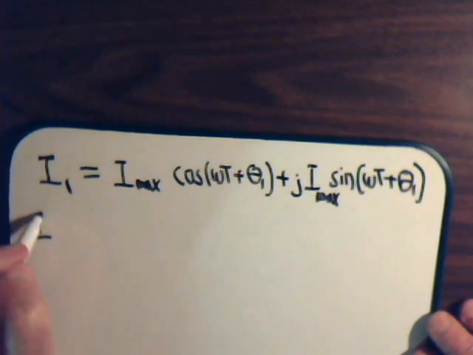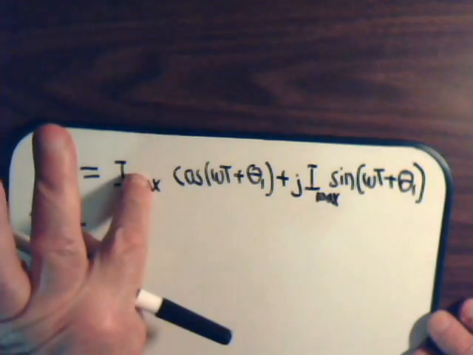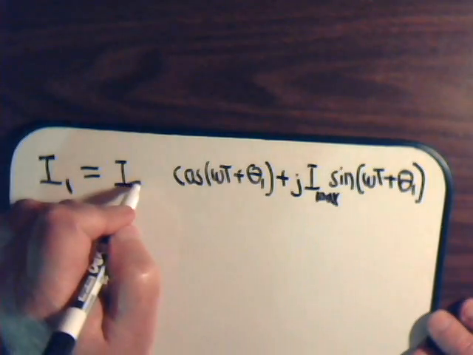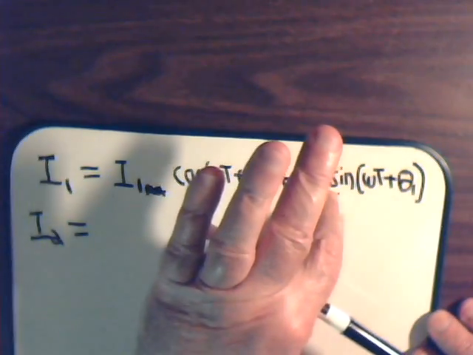And then say we have another current, I2, and let's call this one I1 max. And this is I1 maximum.